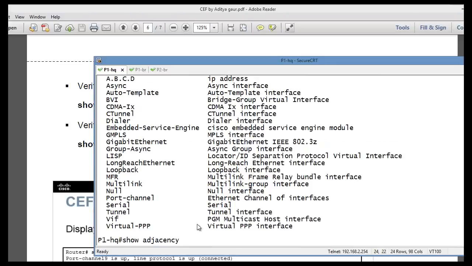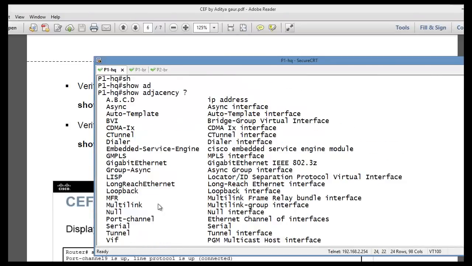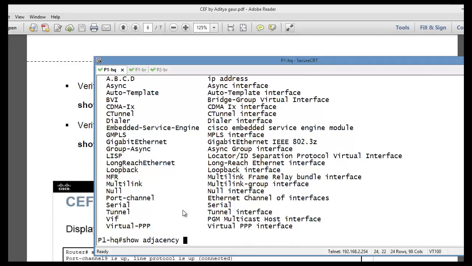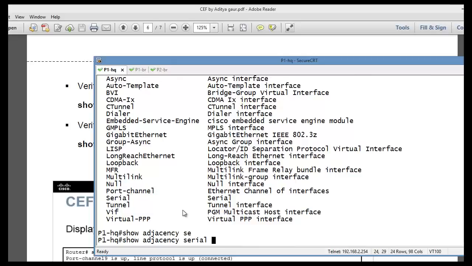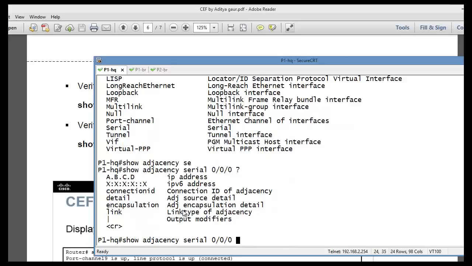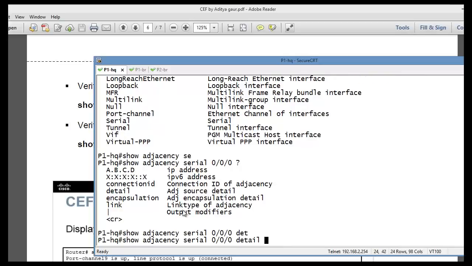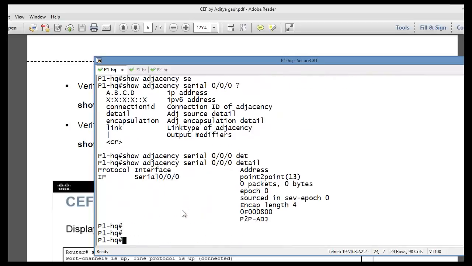Let's see, I can use show adjacency, and then my serial interface, serial 0/0/0, and then detail. So this is all about the particular interface.